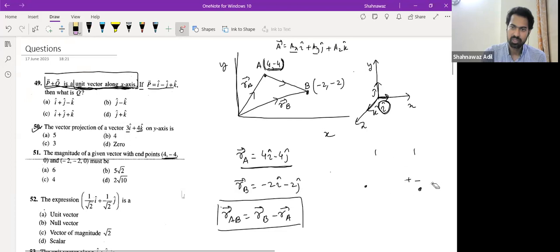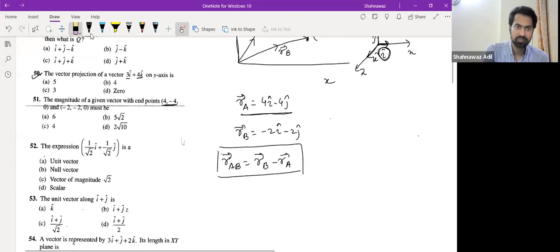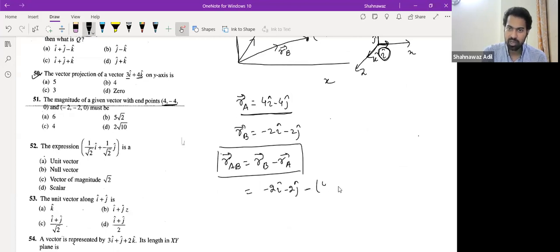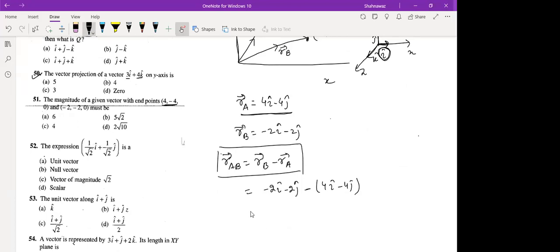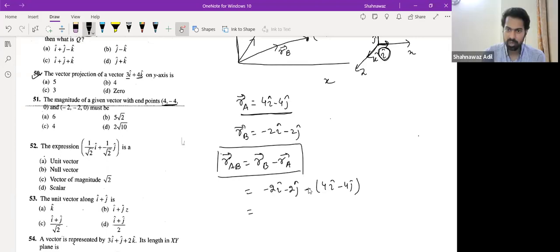So what would be RB minus RA, guys? RB is -2I minus 2J, minus of 4I minus 4J. So this is -2I and -4I, so -6I.